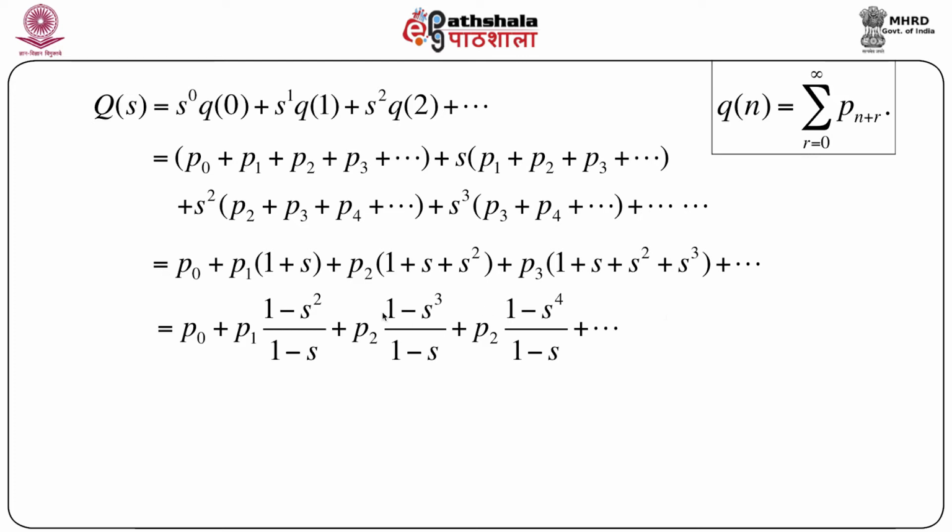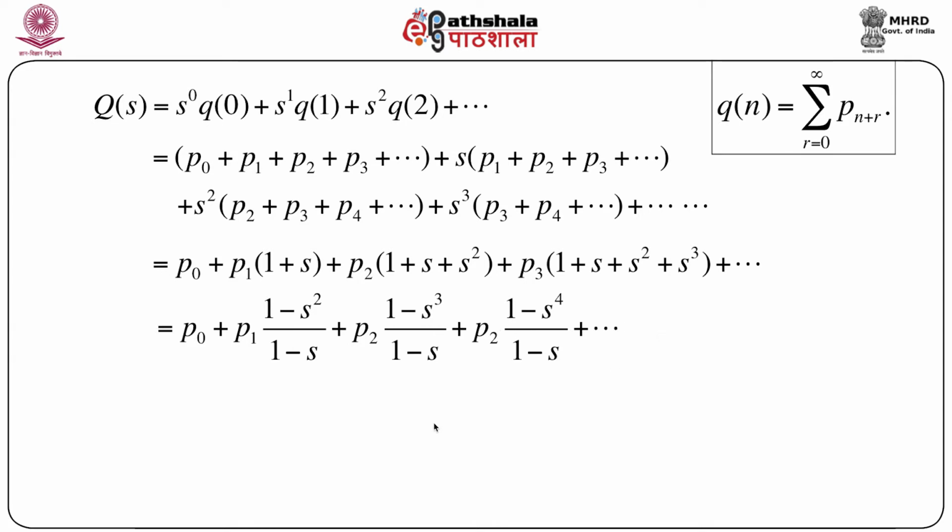Now, a little bit of manipulation. So this is simple algebra. As for example, we can split these terms and we can take 1 minus s common, so that we will have 1 by 1 minus s into p1 plus p2 plus p3 and so on, minus 1 by 1 minus s into p1 s square plus p2 s cube plus p3 s to the power 4 and so on.